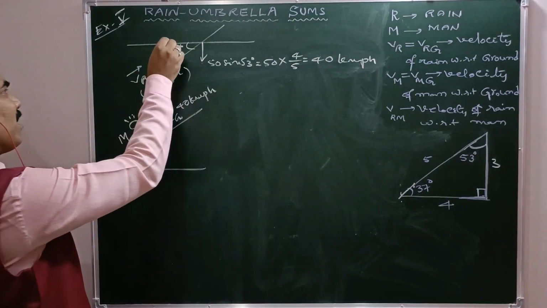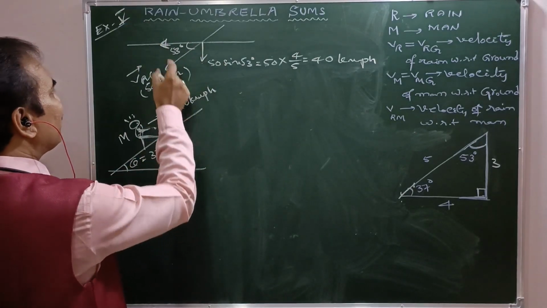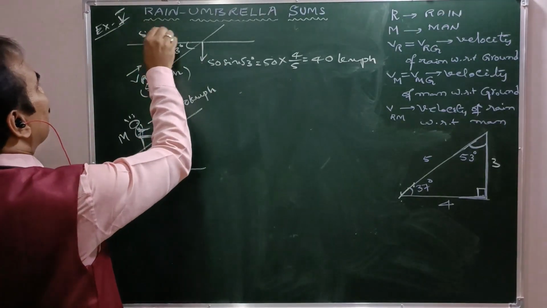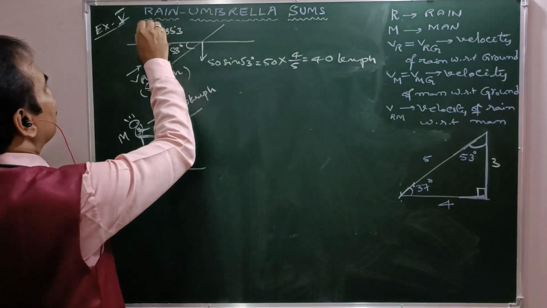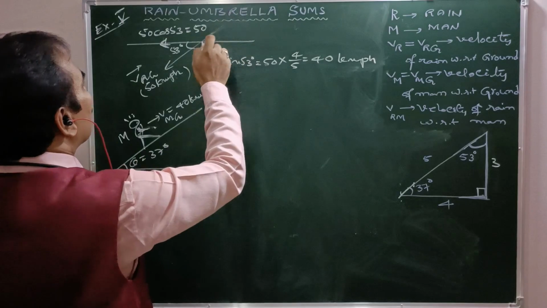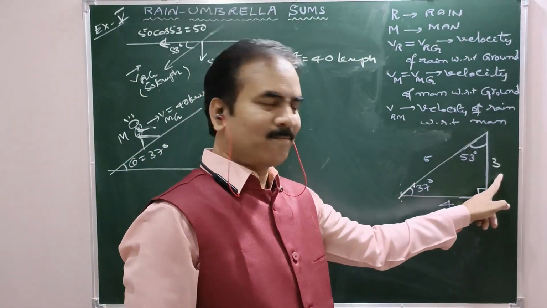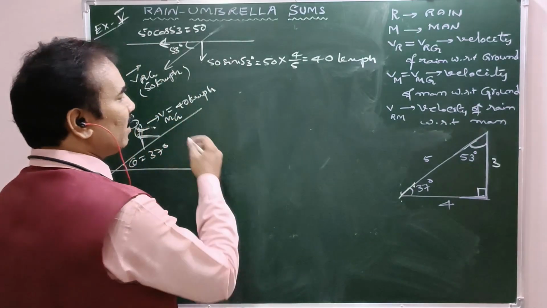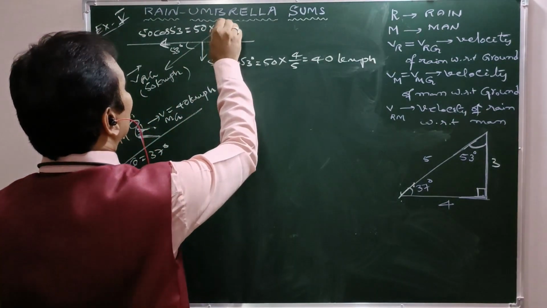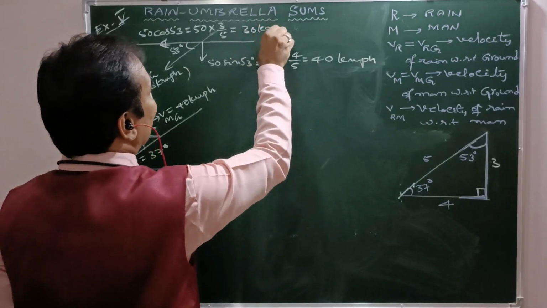Now what about the horizontal component here? That is 50 cos 53. Cos 53 is 3 by 5, adjacent side by hypotenuse, so 50 into 3 by 5 is 30 kmph. Right?